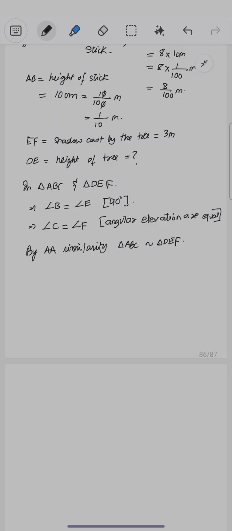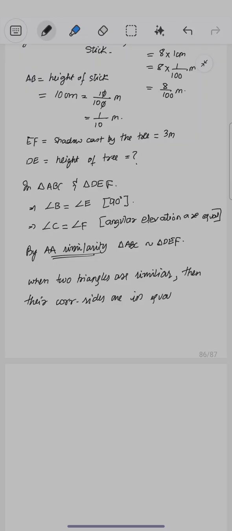Let me explain what you mean by AA similarity. When two triangles are similar, then their corresponding sides are in equal ratio.